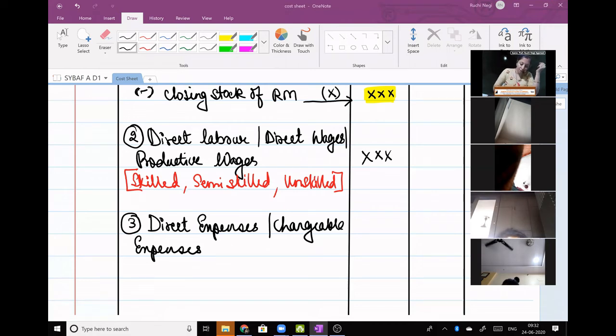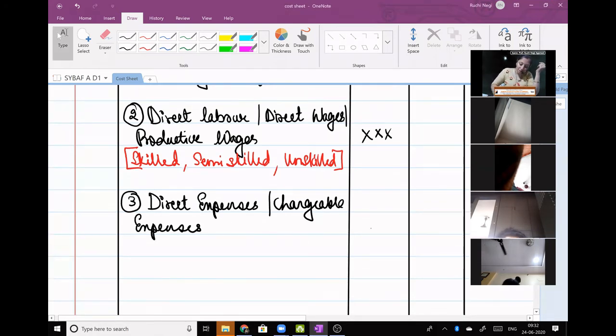What will come in this list under chargeable expenses? Here you'll have items like, as I had discussed, royalty, royalty on production.